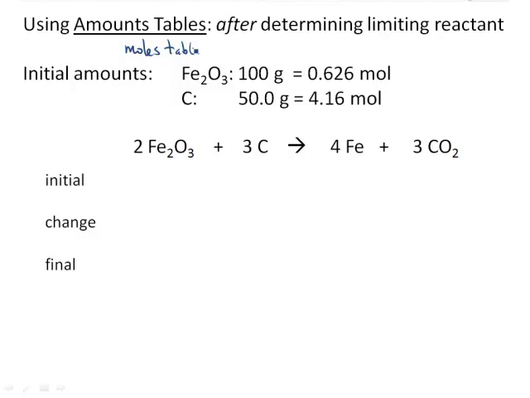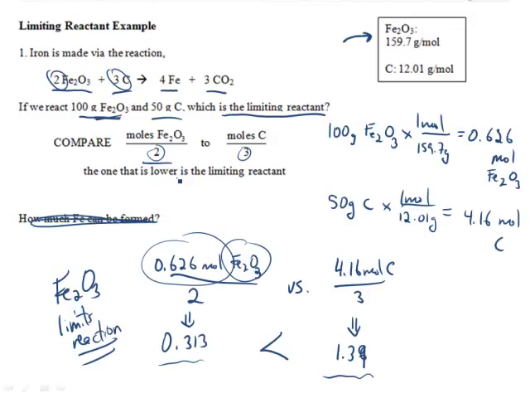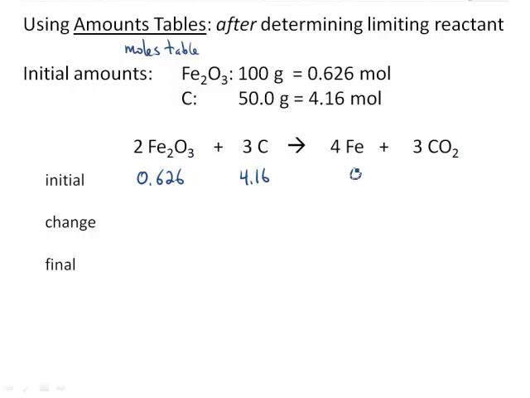So on the previous screen, we had 4.16 moles of carbon and 0.626 moles of iron oxide. I'm not going to put in units here, but these are all moles. And we started with 0 amounts of iron and of CO2. The key here is all of the limiting reactant is used.